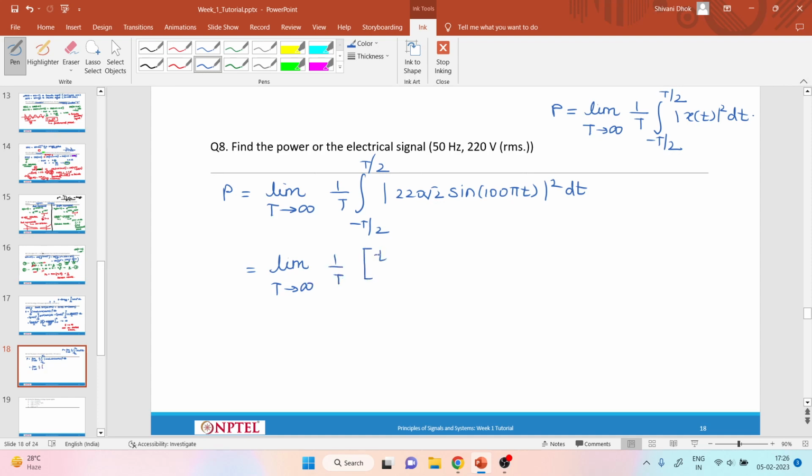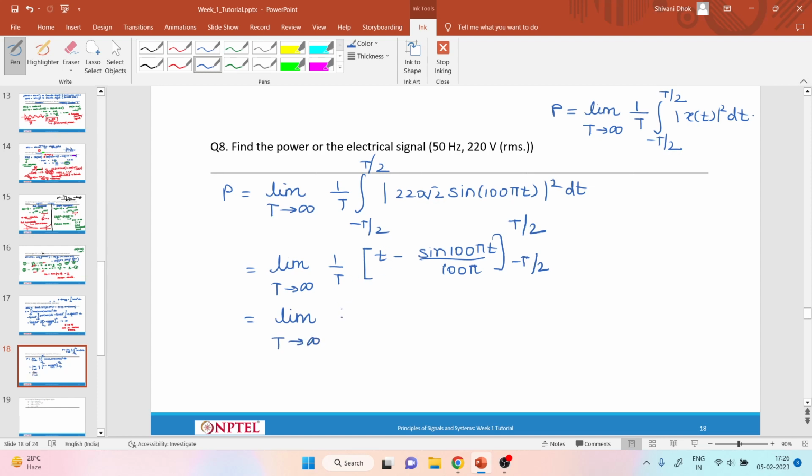Here we will be having t minus sine of 100 pi t by 100 pi from minus t by 2 to t by 2.